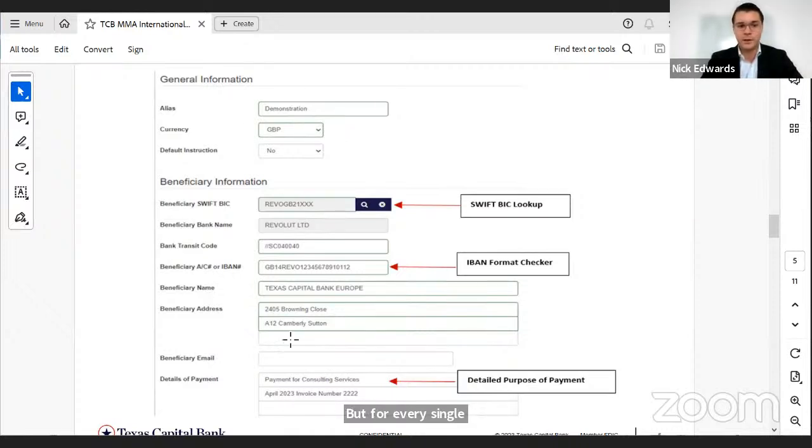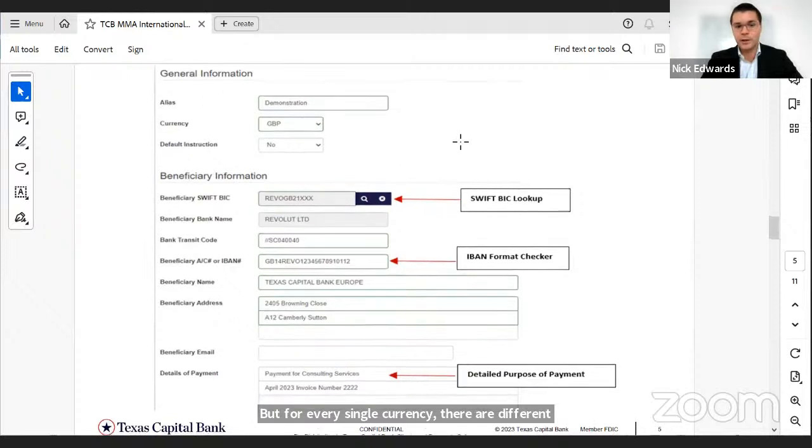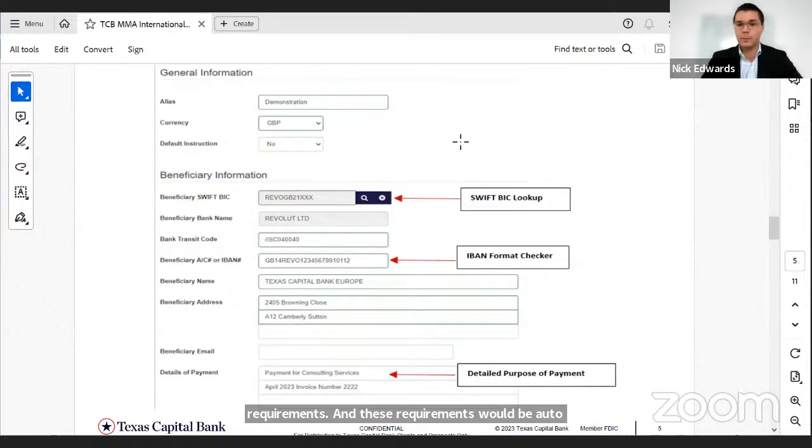And these requirements would be auto-loaded into the platform and then asked you to complete. So just in case maybe you had a little confusion or questions between paying into peso or paying into China, this system would help you to do some of that work to show and ask your vendor what exactly is needed to make those payments.